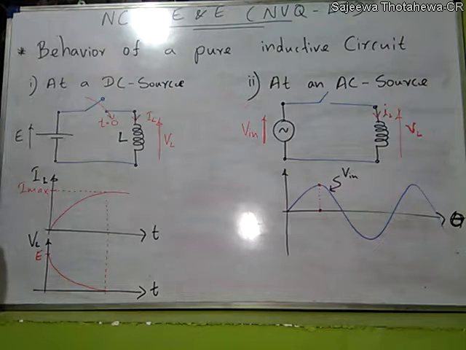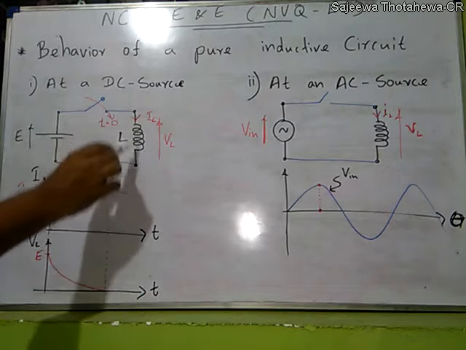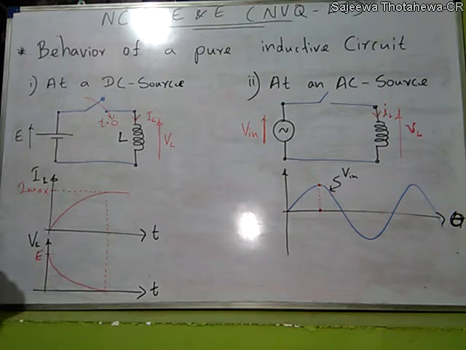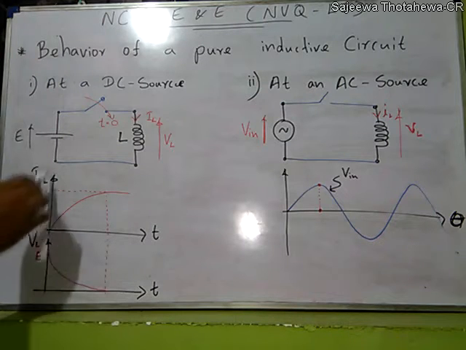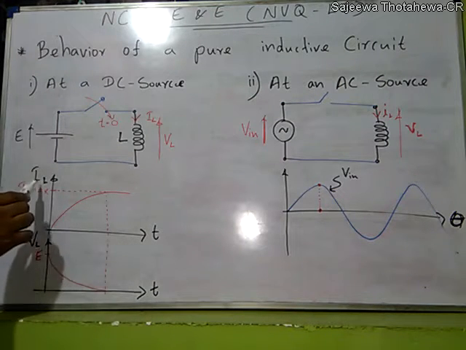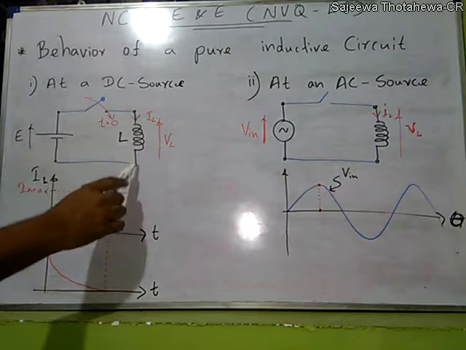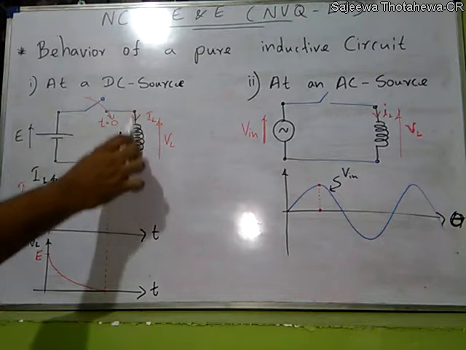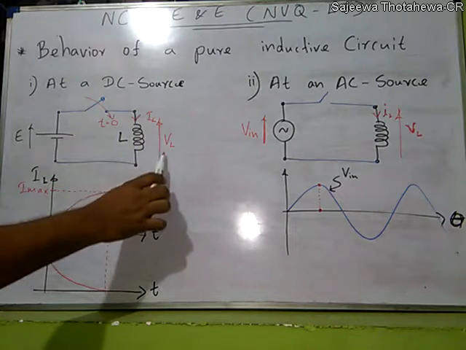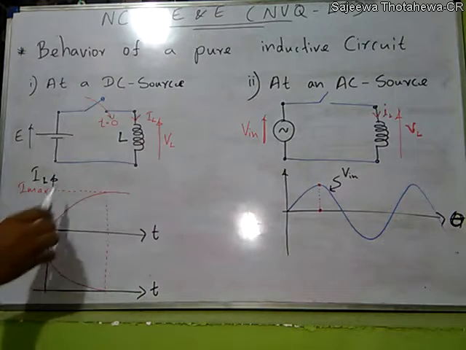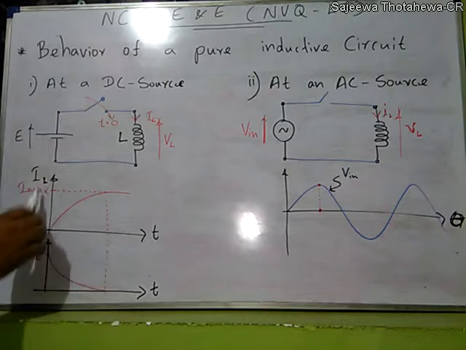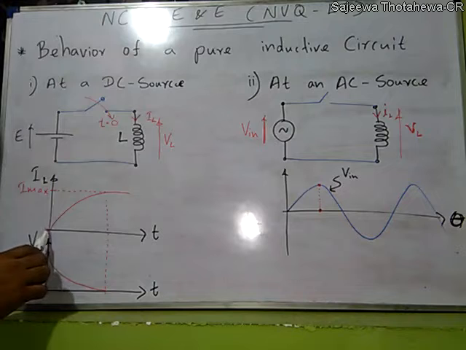Then let's see the current variation of this inductor with respect to time. You can see the graph here. I take the current through the inductor as IL and the voltage developed across the inductor as VL. So let's see the current variation first. This is my current variation with respect to time.